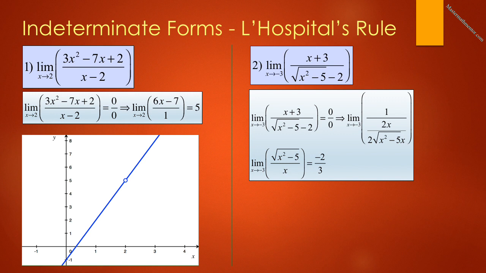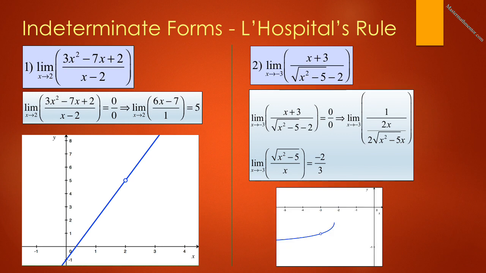The derivative of the numerator is 1. The derivative of the denominator is 1/2 times x squared minus 5 to the negative 1/2 times 2x. We can bring the square root upstairs and get the limit as x approaches negative 3 of the square root of x squared minus 5 all over x. Plugging in negative 3, we get negative 2/3.